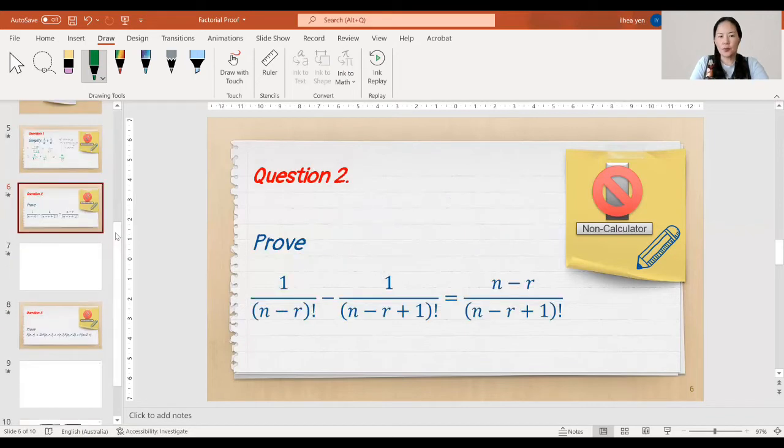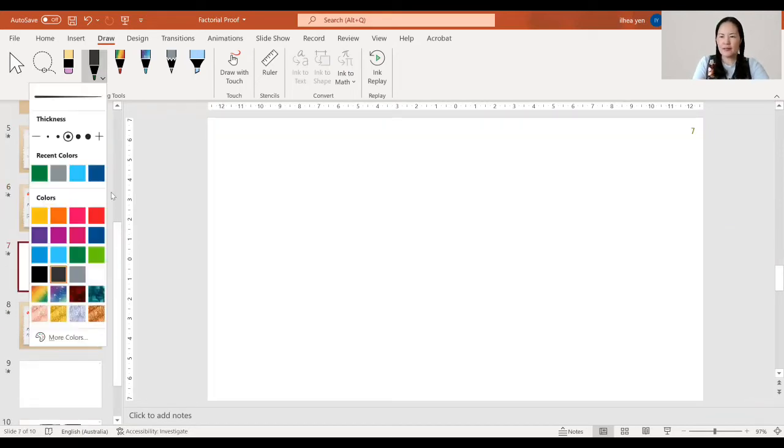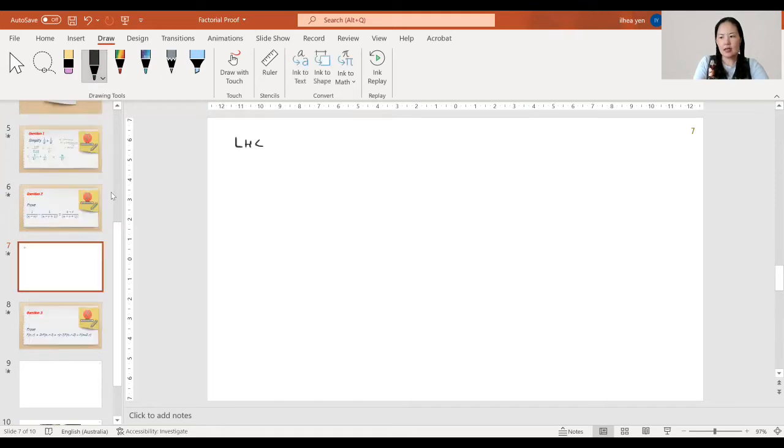Question 2, prove. So I'm going to use left-hand side equal to right-hand side. So my left-hand side, okay. Now, if you're really confused about n and r and all that, just put a number in. So for example, n equals 6 and r equals 2. Just pretend.